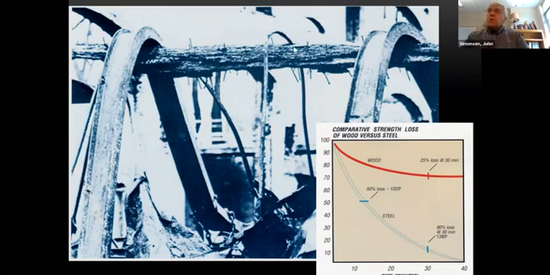So the char burns much more slowly, and then you can see the nails here sticking out from what used to be a beam. So wood can actually be a better material to use in a fire than steel.